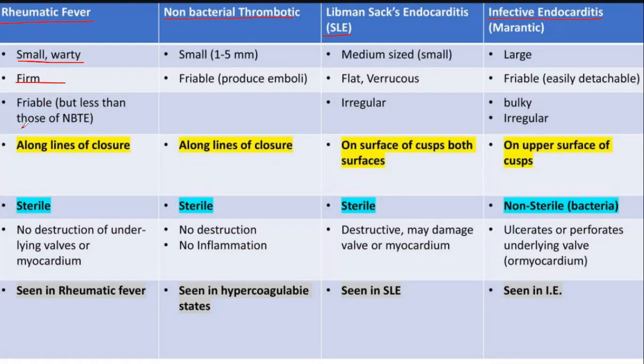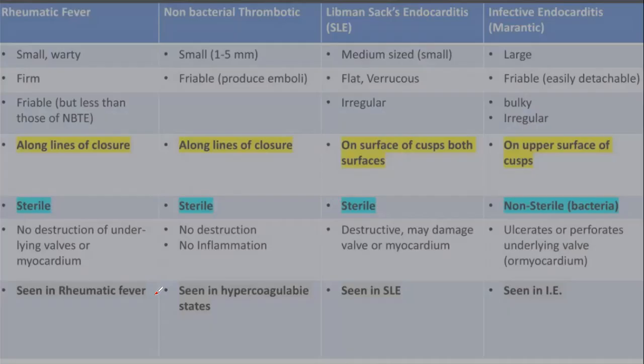They are firm, they are friable, so they can be propagated. They occur along the lines of closure of the valves, especially the mitral valve. They are sterile, and they do not cause destruction of the underlying valve or the myocardium, okay? And as I've said, they are found in rheumatic fever.